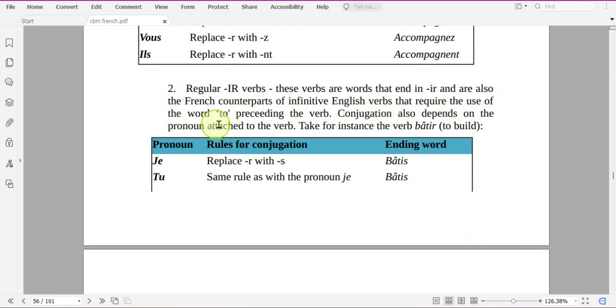The IR verbs are words that end in IR, the French counterpart of English infinitive verbs that require the use of the word to preceding the verb. Conjugation also depends on the pronoun attached to the verb. Take for instance the verb bâtir, to build.